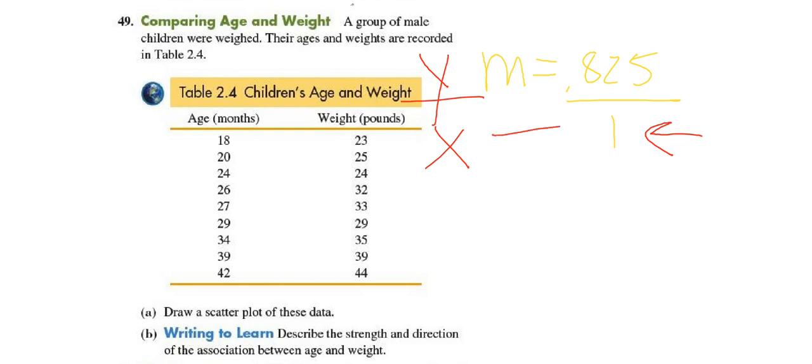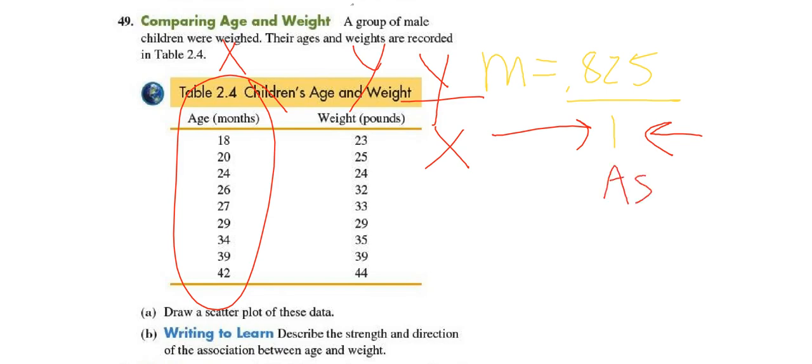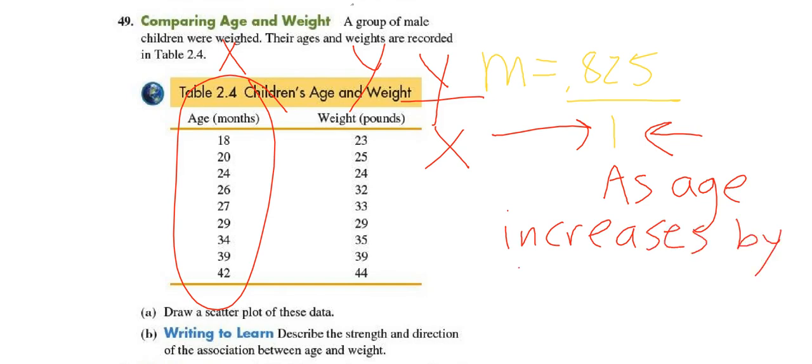Okay, this has to go with X, which would be this over here, right? You got X and you got Y. So, as age increases by 1 month, what happens?